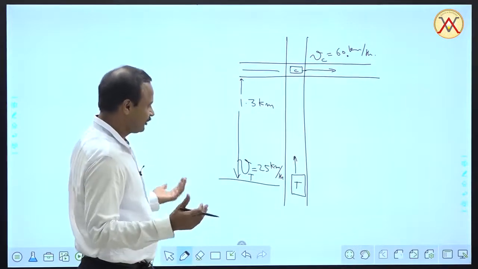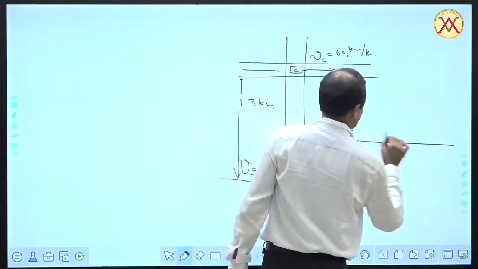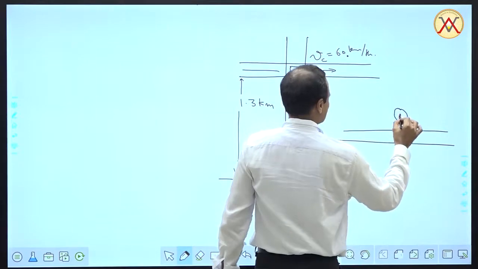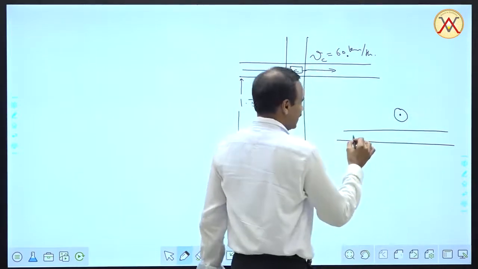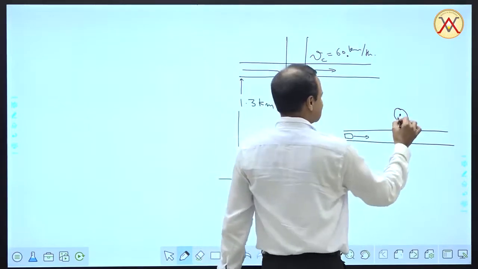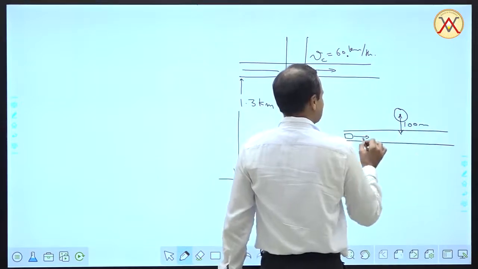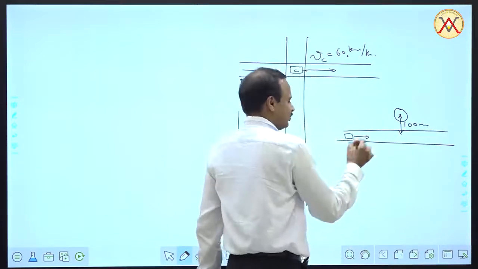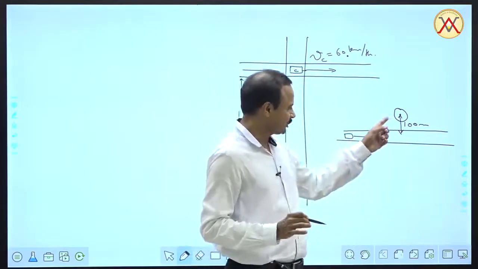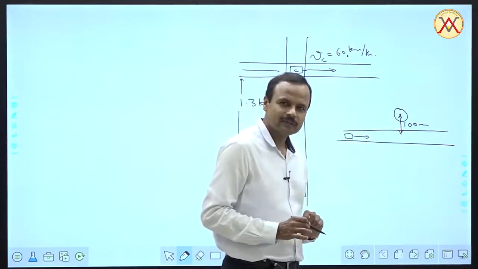Let me take a different situation here. Suppose this is a highway and we have a tree here. This is the top view of a tree, and a vehicle is going like this. The distance of the tree from the highway is 100 meters, and the vehicle is going straight with whatever velocity. We have to find the minimum separation between this tree and the vehicle.